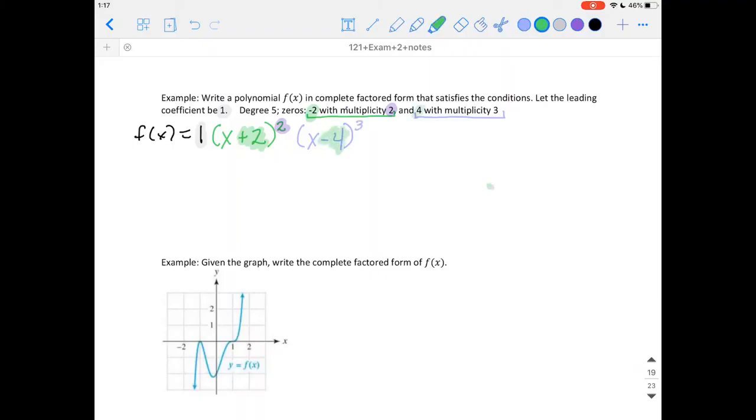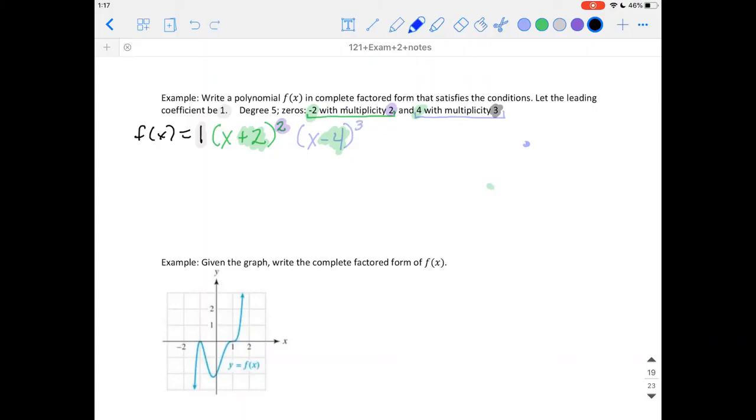And so all of my factoring here, I've been doing this -4 is this 4, and this 3 is that 3 right there. And if I add up the degrees, the 2 plus the 3 is in fact the 5.